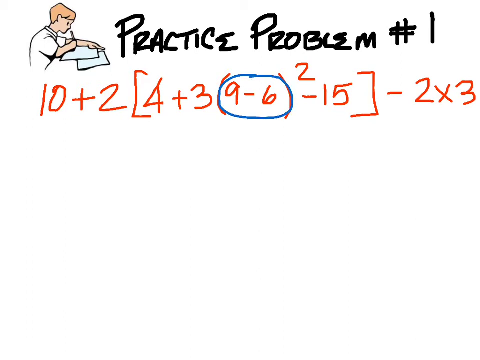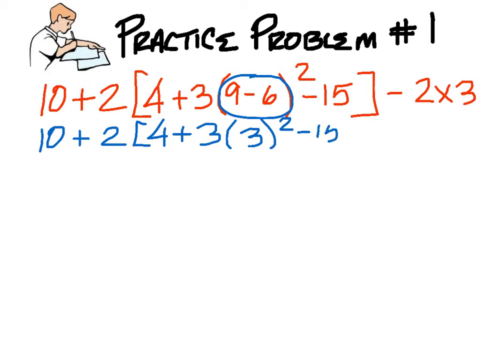On the practice problem, you have to go inside the brackets and then the parentheses to get 9 minus 6. So that's going to come out to be 3. And then everything else stays the same, except you can make this into a minus 6. Go ahead and get rid of it.